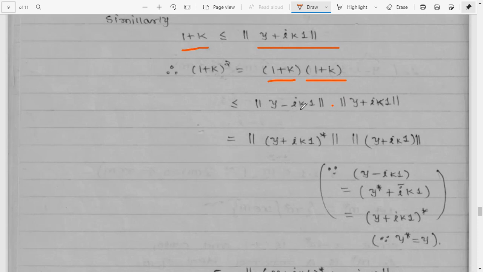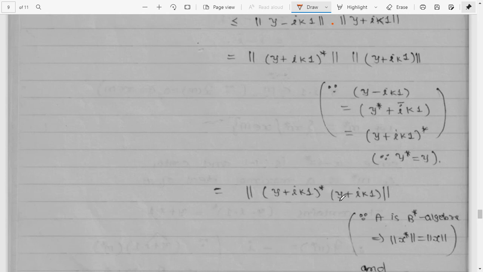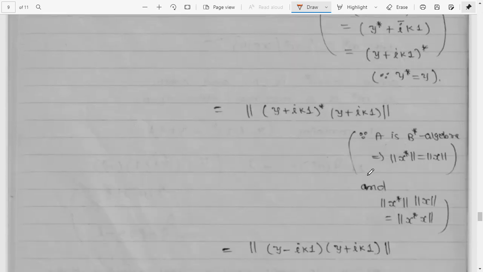We can write y minus ik·1 is equal to the adjoint of y plus ik·1, because y minus ik·1 is equal to y star plus i conjugate k·1, because here y is self-adjoint, and this is equal to y plus ik·1 star, and this is equal to norm of y plus ik star into y plus ik, because A is a B star algebra, which implies norm x star x is equal to norm x star into norm x.